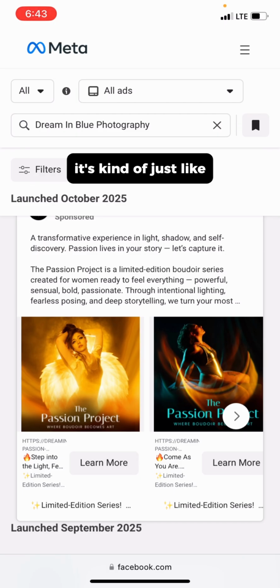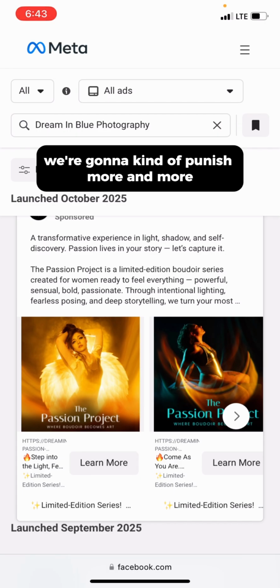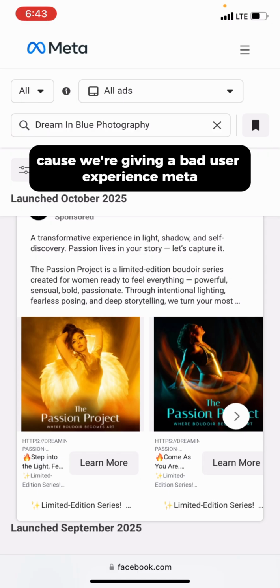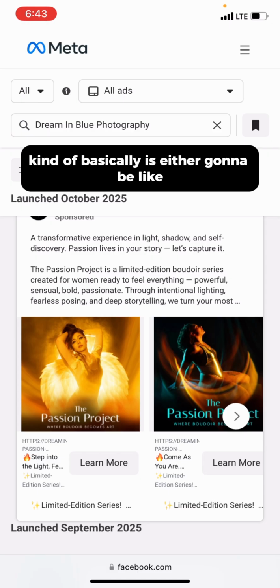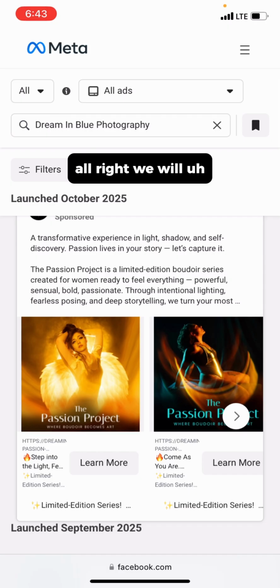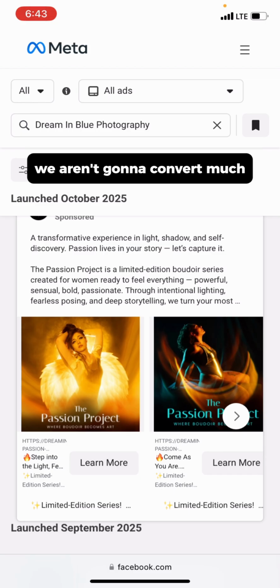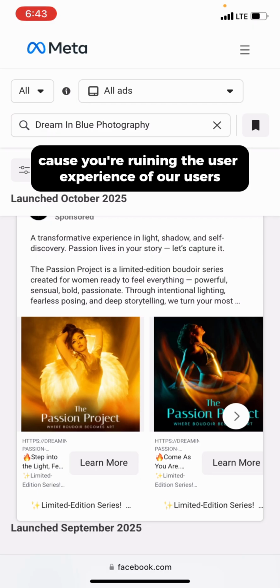It's like we're getting punished more and more from the initial starting data, initial starting metrics, which makes sense because we're giving a bad user experience. Meta is basically saying, all right, we'll show your ad if you pay us, but we're just going to show you to the lower tier profiles who aren't going to convert much, and we're going to make you pay more for the privilege because you're ruining the user experience of our users.